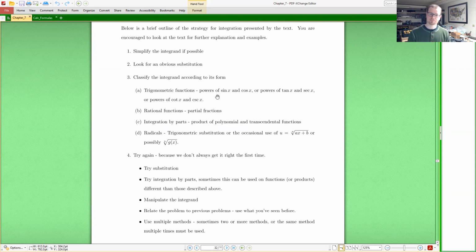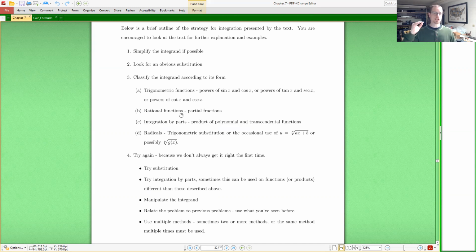Is it a rational function? If it's a rational function, then partial fractions may very well be a good way to go. Not always, but it's definitely something you should try. It may even be something that's not quite a rational function, that's polynomial divided by polynomial.